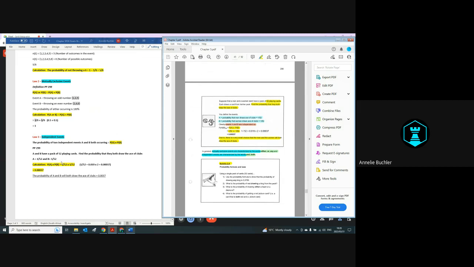Now you do the calculation: probability of A multiplied by the probability of B, so 1 divided by 52, multiplied by 1 divided by 52. I did the sum for you. 1 divided by 52 equals 0.019. If you multiply them with each other, you get 0.00037. So the probability that A and B will both draw the ace of clubs will be 0.00037.